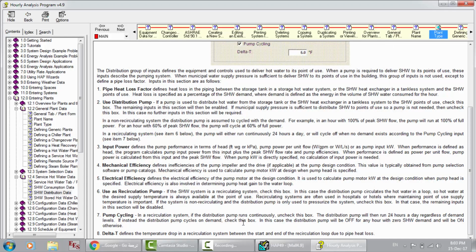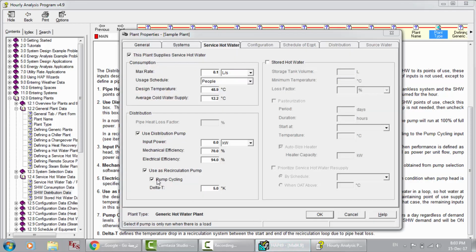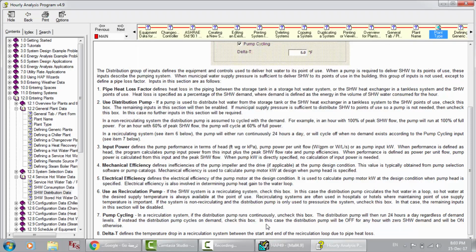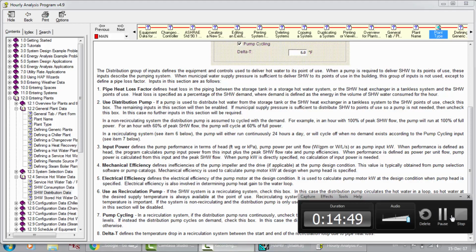And if instead the distribution pump cycles on demand, check this box. This is if there is demand. In this case, the distribution pump will be off for any hour with zero SHW demand and will be on otherwise. And of course, delta T defines the temperature drop in a circulation system between the start and the end of a circulation loop due to pipe heat loss.